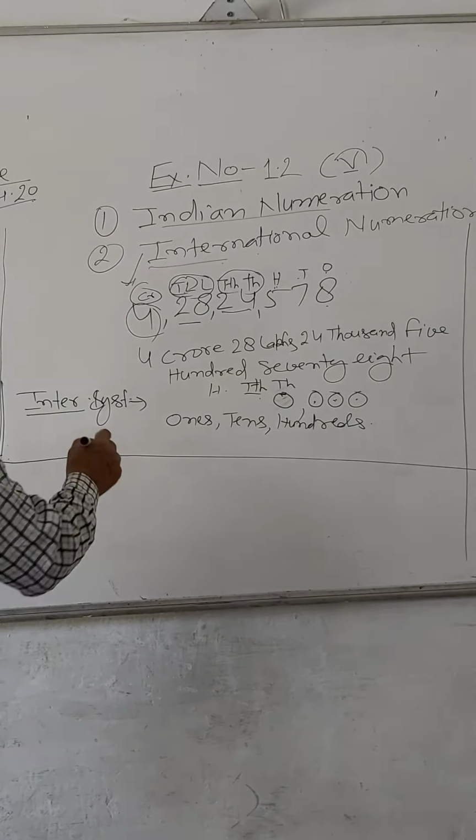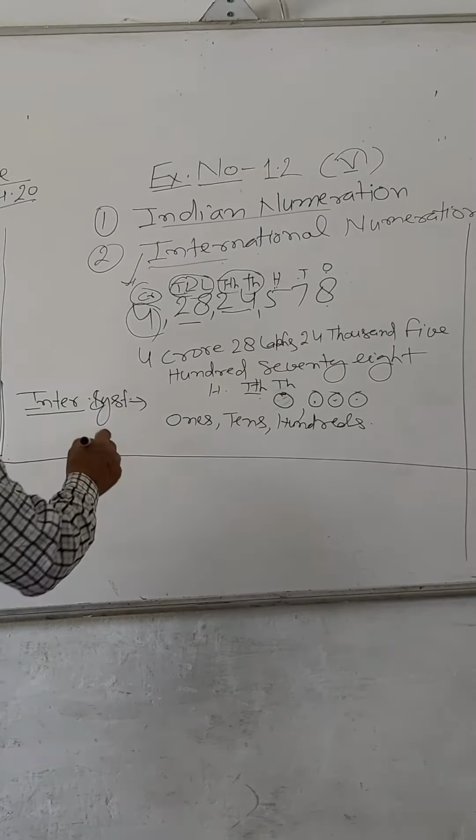So this way, if you have to put the comma according to the international system, the first comma you will put after the 3 digits, and again after every 3 digits you have to put the next comma.